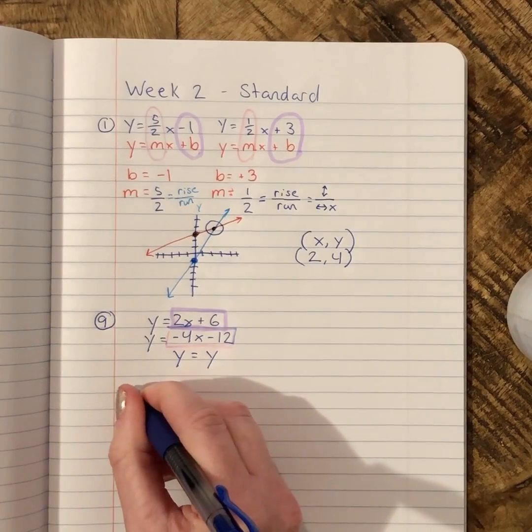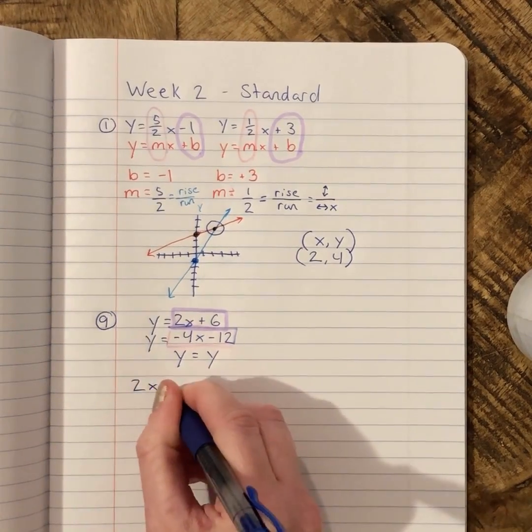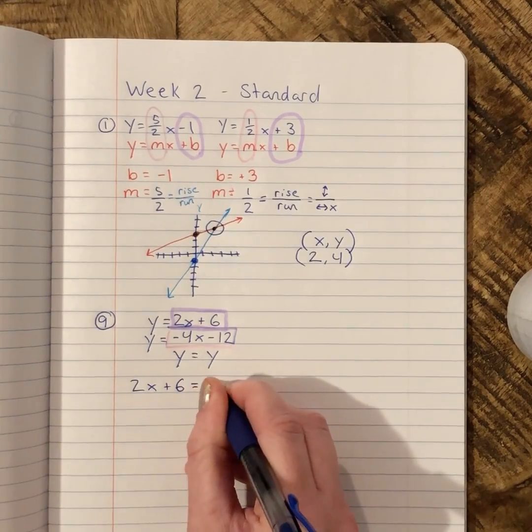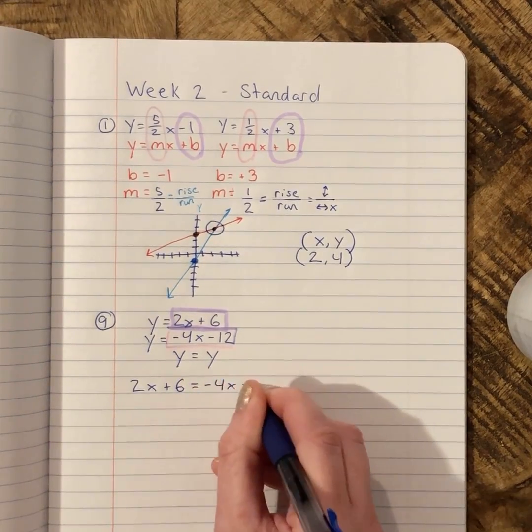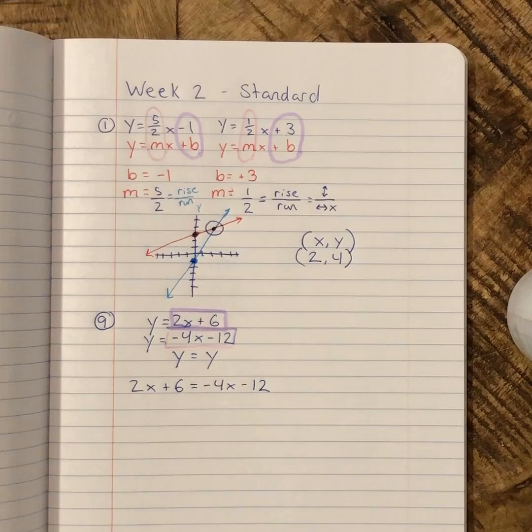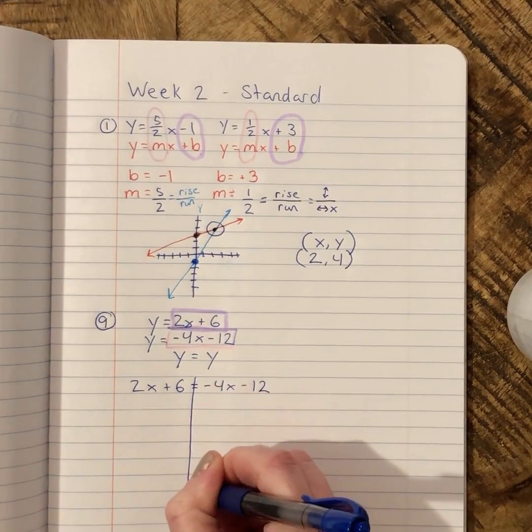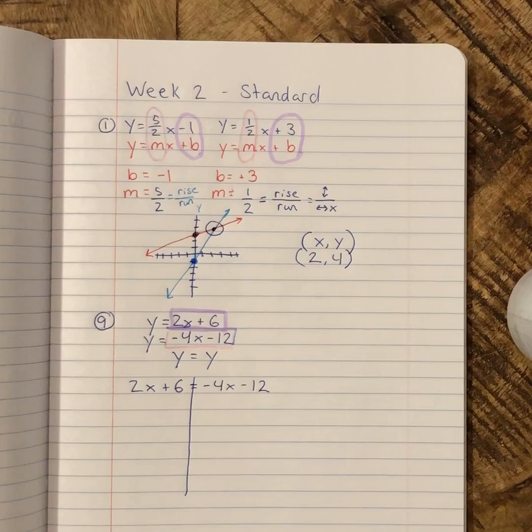What I really have is 2x plus 6 is equal to negative 4x minus 12. At this point, I'm going to draw a line down the center so I can keep track of my left side of my equation versus the right side of my equation.